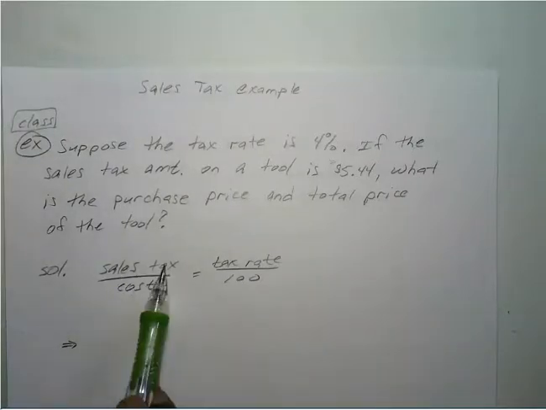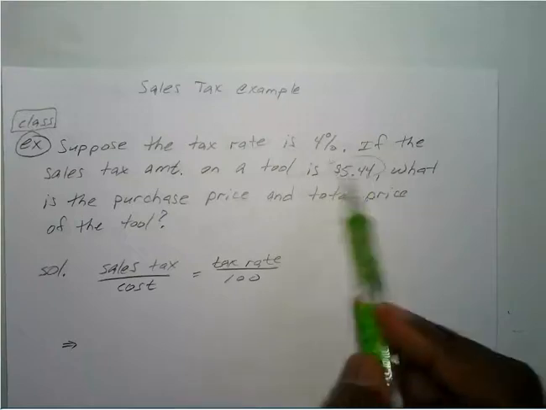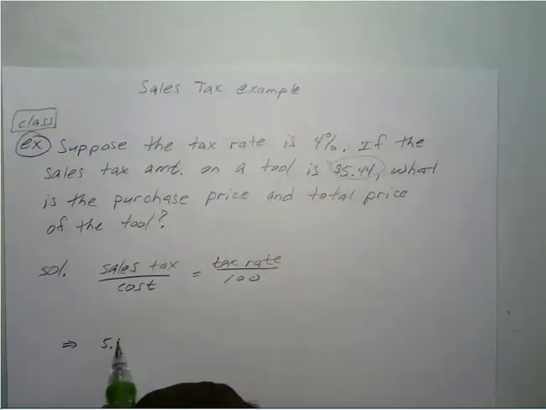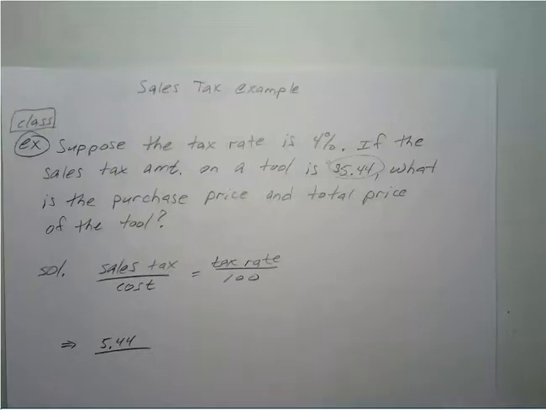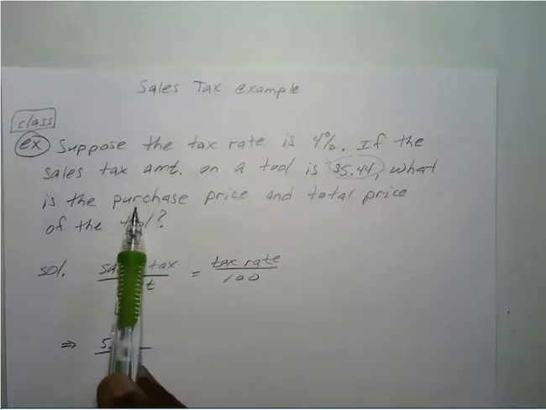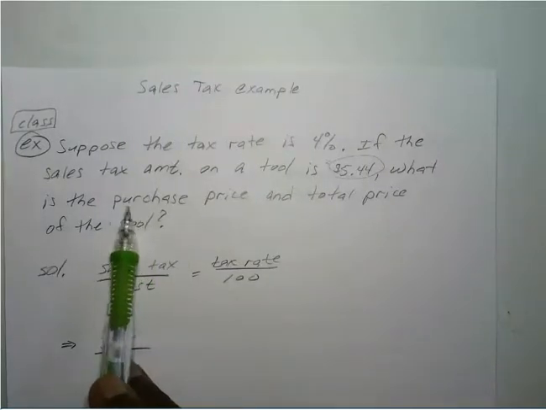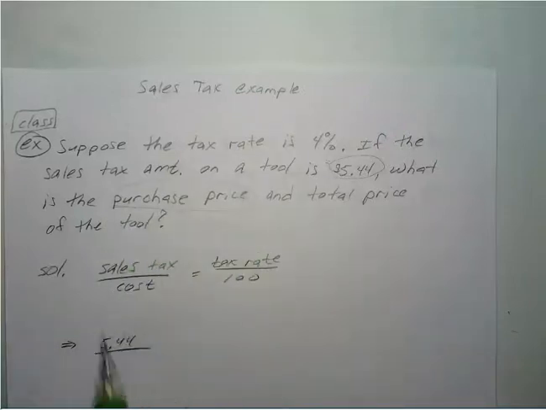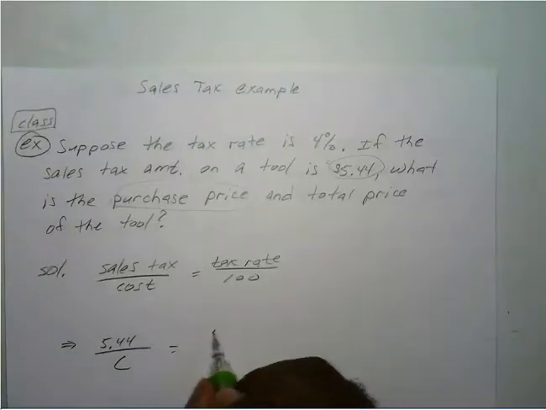Your sales tax amount is $5.44 over your cost. Your cost is sometimes called the purchase price. So we're looking for our purchase price, so that just stays C, equals your tax rate, which is 4%, so we make that 4 over 100.